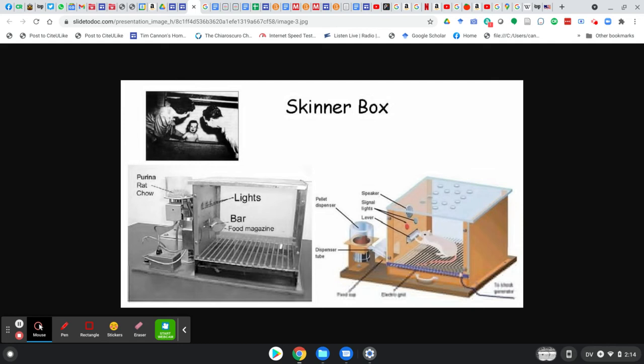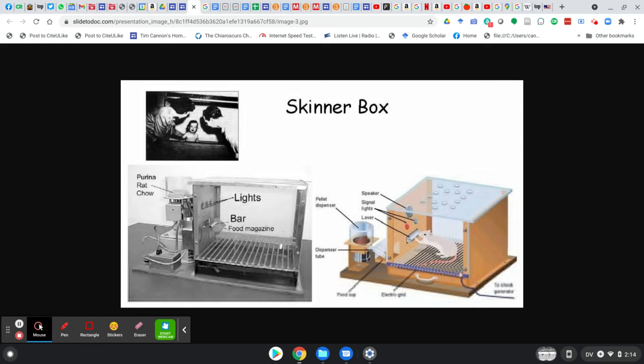And there's a disc on the bottom of the dispenser with a lot of little holes in it. The pellets drop into the holes and roll around. And when you want to deliver reinforcement, the wheel goes ka-chunk, it moves forward, and the next pellet drops into, you can kind of see it here, a plastic tube. It rolls down here into the pellet dispenser, and the rat is very happy.